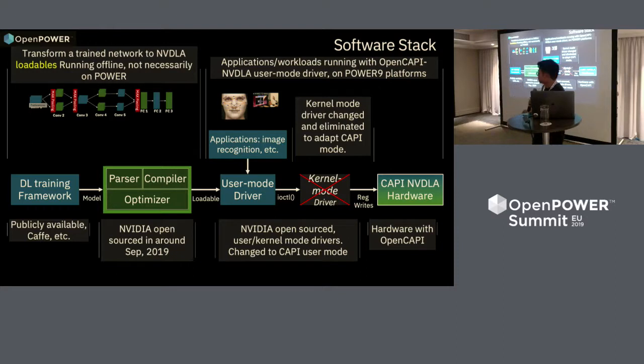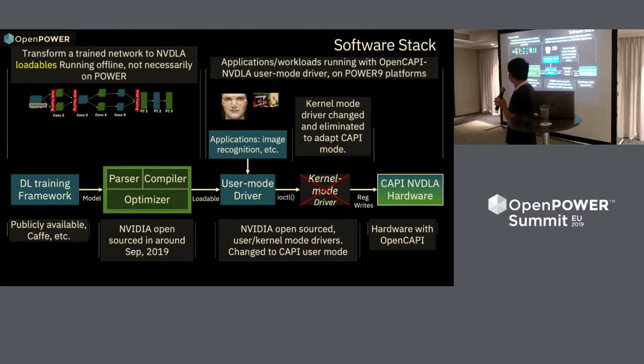So we can remove this part of the kernel mode driver directly from the OpenCAPI software stack, so that we can bridge the user mode driver and they can work well with the hardware. And for the different parts of the work, the training framework is already in the open source community, because you can use Caffe or TensorFlow or any other open source framework.